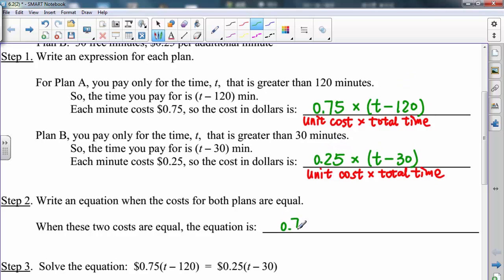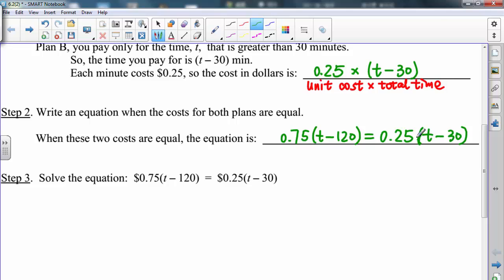So 0.75 times, you can omit the multiplication symbol, so it's just 0.75 times brackets, t minus 120 close the brackets, equals 0.25 times t minus 30 in the brackets. If we want to find the time which can make both of the costs the same, we need to solve the equation for t. How can we solve this equation with the variable on both sides and brackets as well?